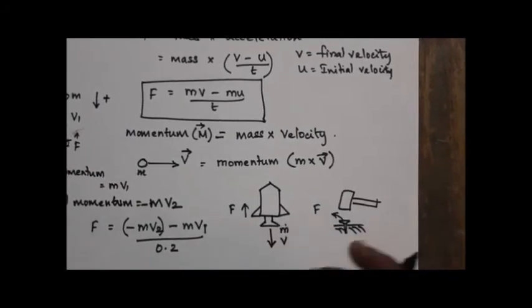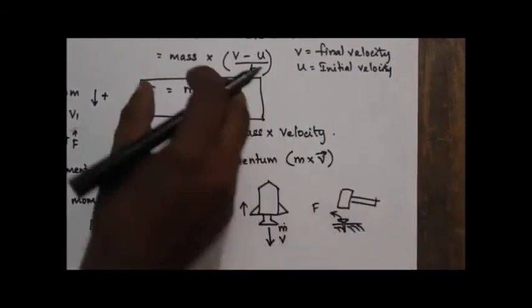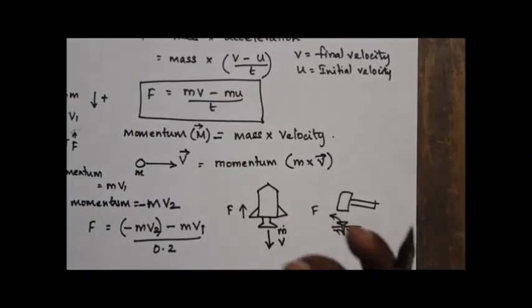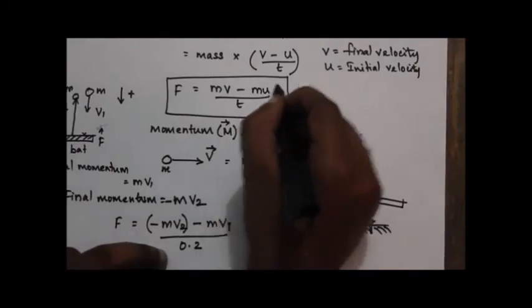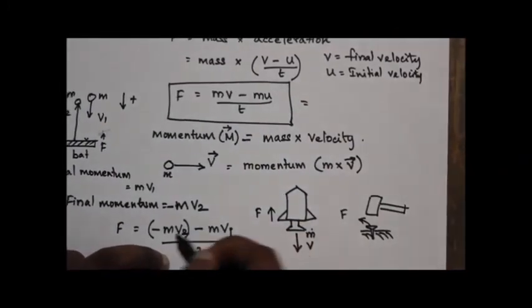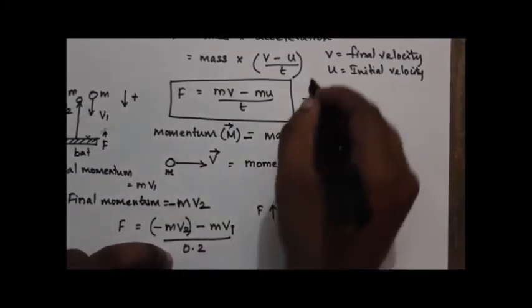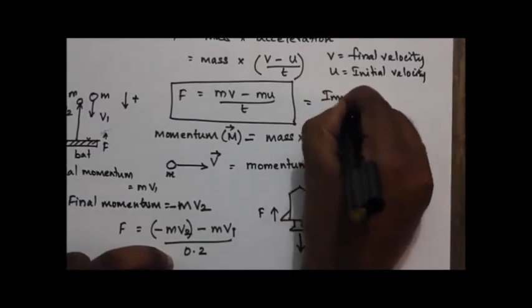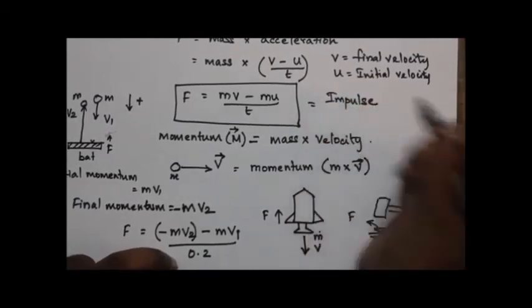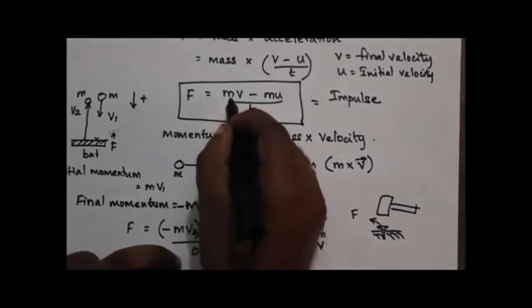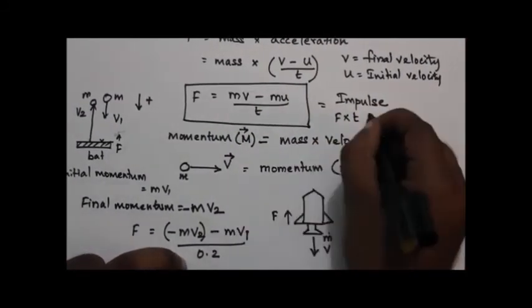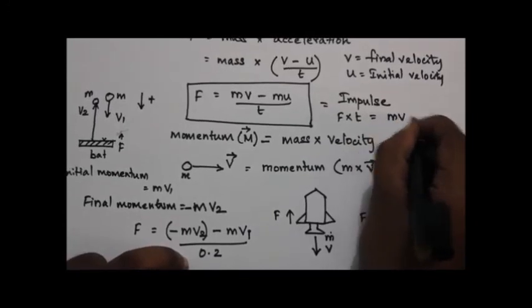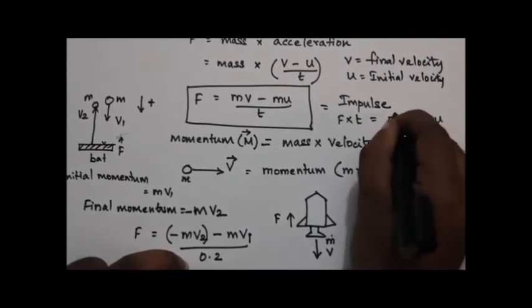So in so many applications, whatever we have seen, this particular equation has played a very fundamental role. And this equation also gives rise to a new term called impulse. So what is impulse? It is nothing but F into t, which is equal to the change in momentum.